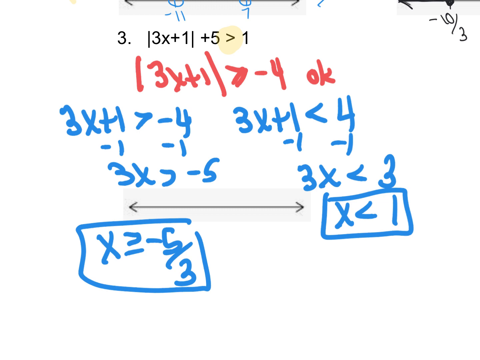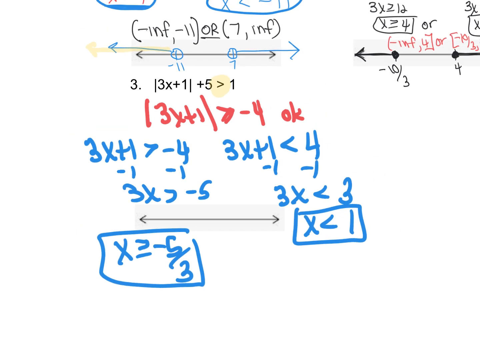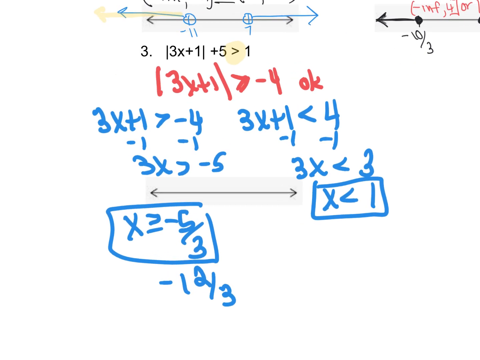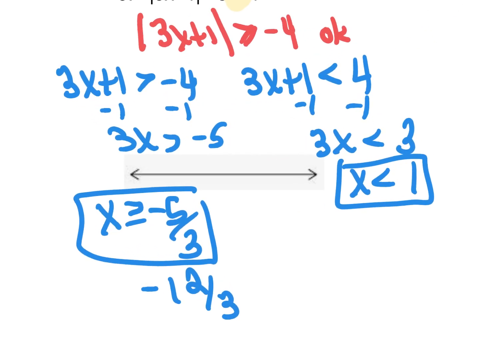Okay, so let's look at that on a number line. Negative 5/3 is approximately negative 1 2/3, so we have an idea of where that's at. On our number line, here's negative 5/3, and here is 1. We have an open dot, and it's less than, so it's going to go this way.